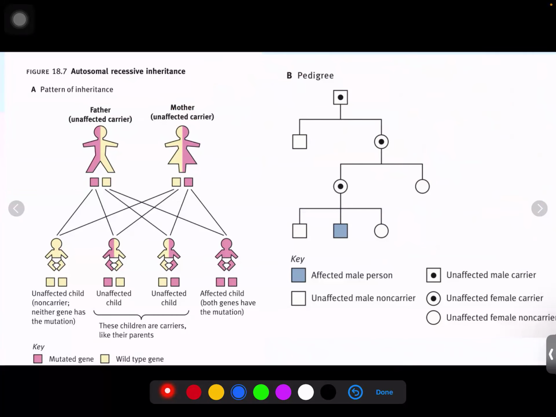This pedigree, they are telling you that this is an unaffected. Affected is only this. All the rest of the generations are unaffected, but these dots show carrier.